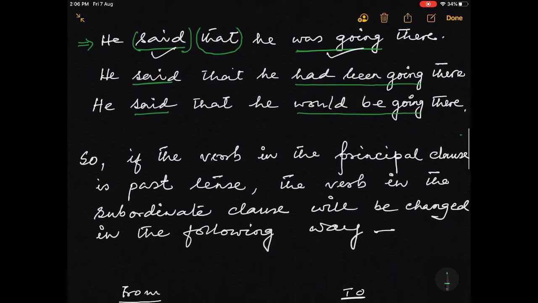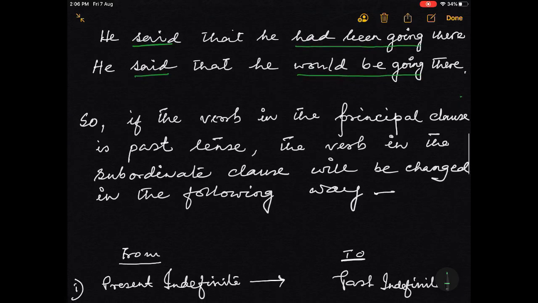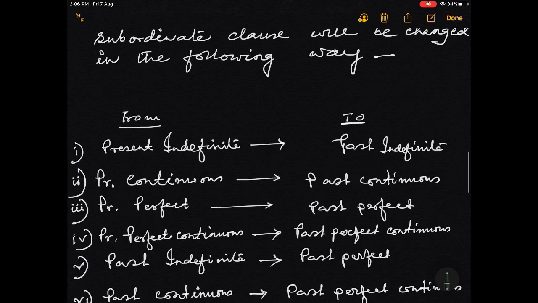So, if the verb in the principal clause is in the past tense, the verb in the subordinate clause will be changed in the following way. See the table and remember this table. Keep this table in your head.